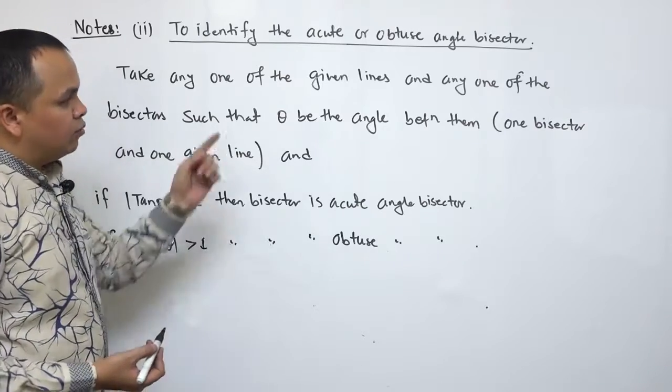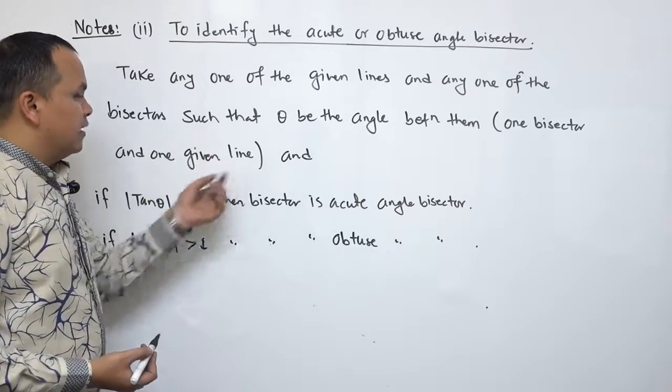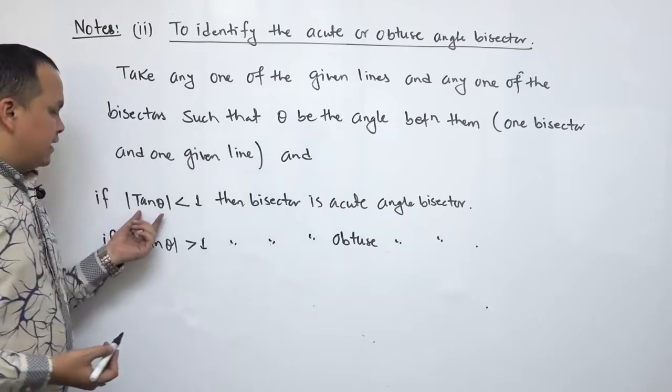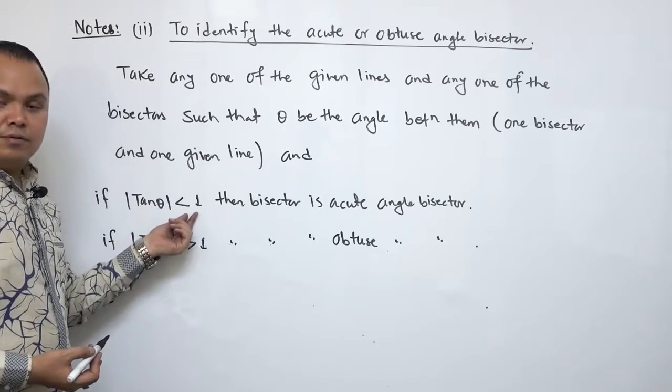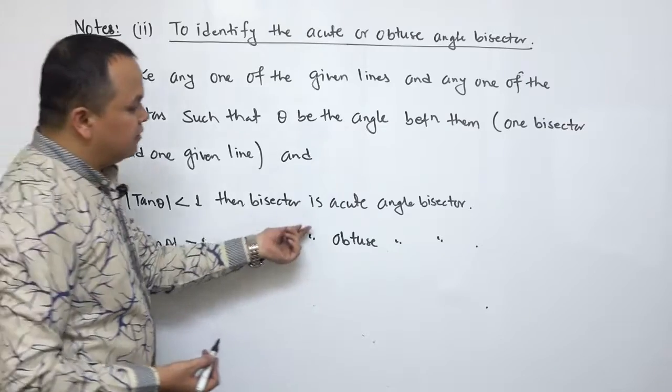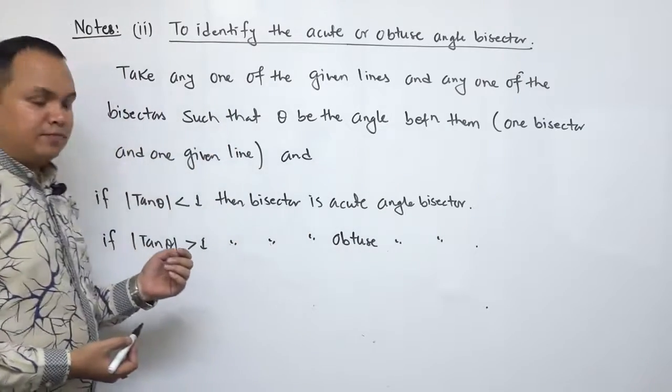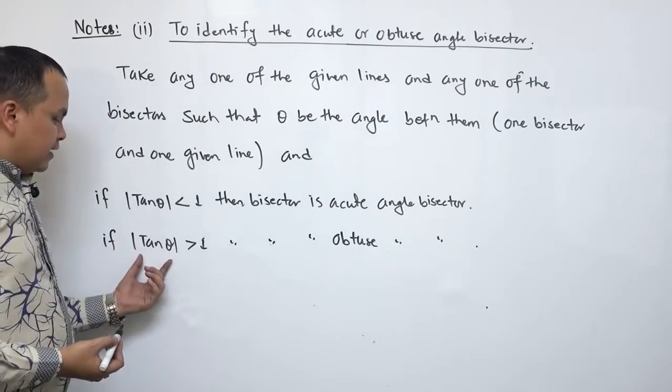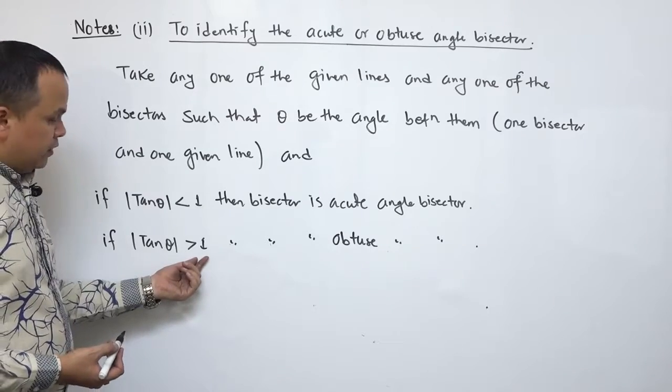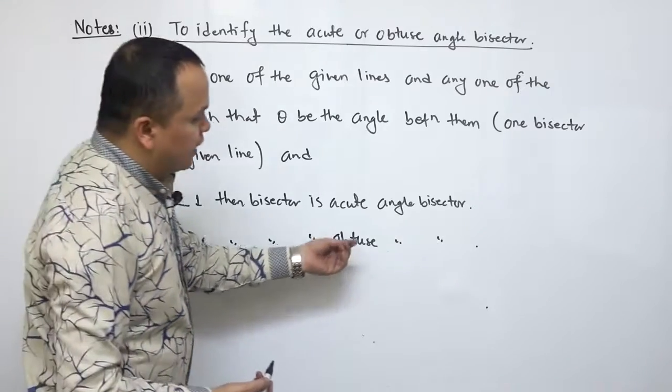If the modulus of tan theta is less than 1, then the bisector is the acute angle bisector. Similarly, if the modulus of tan theta is greater than 1, then the bisector is the obtuse angle bisector.